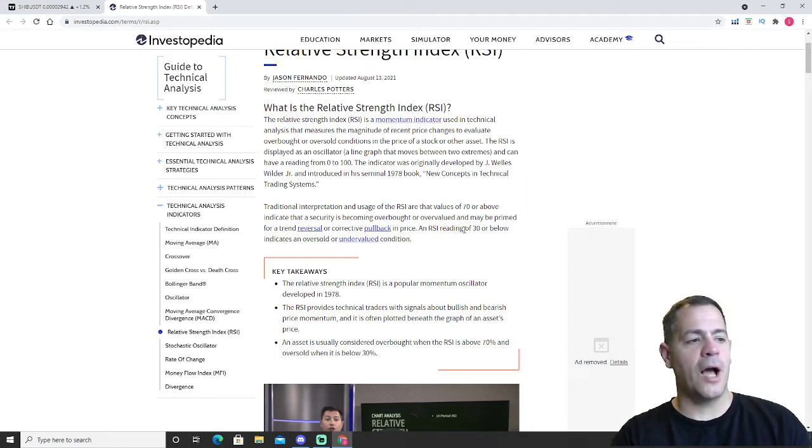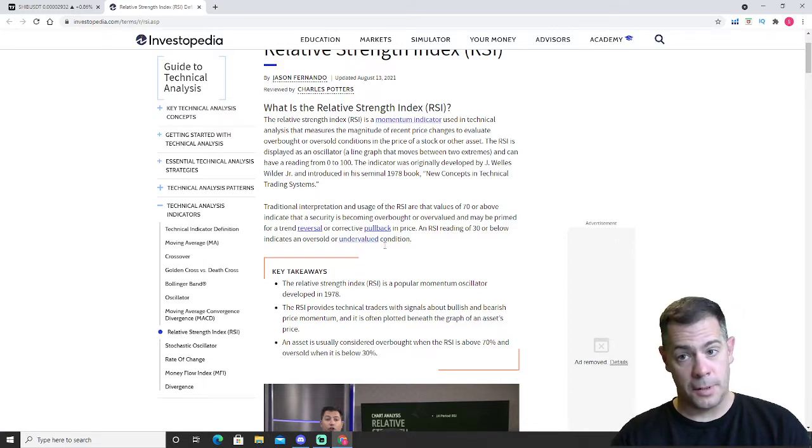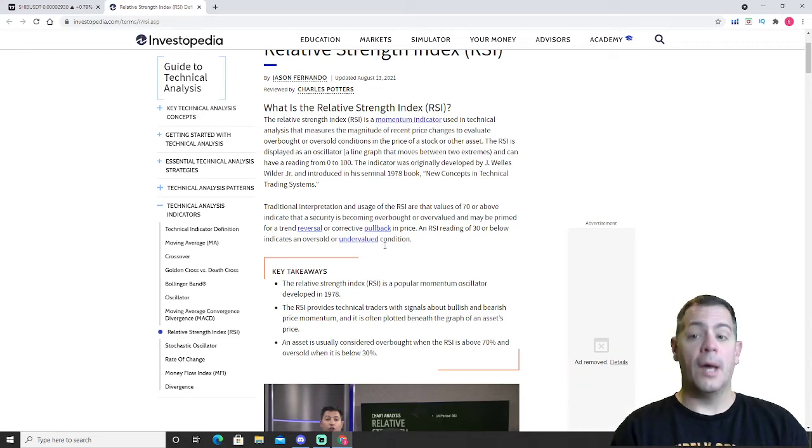An RSI reading of 30% or below indicates oversold or undervalued conditions, and that might indicate that things might be heading up.